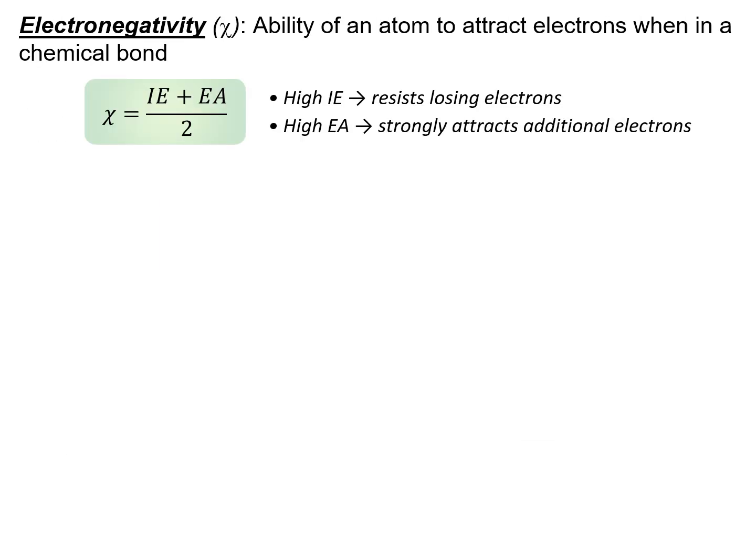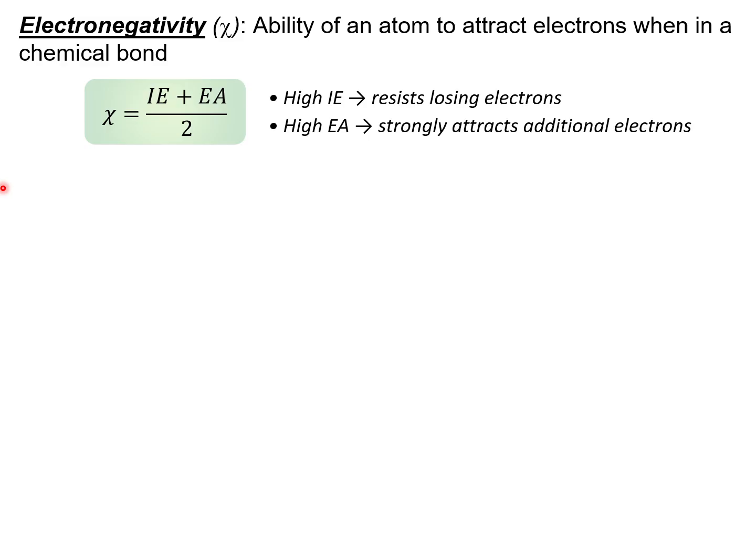Electronegativity is another trend that you can predict from looking at the periodic table, but it is a little more important when we start talking about bonding than it is at this particular moment, but since we're talking about trends, we're going to throw this in. The symbol given to electronegativity is chi, and it is the ability of an atom to attract electrons when it's in a chemical bond.